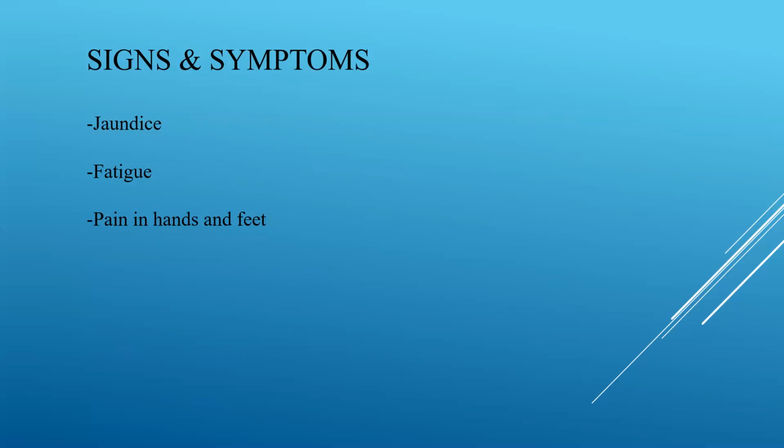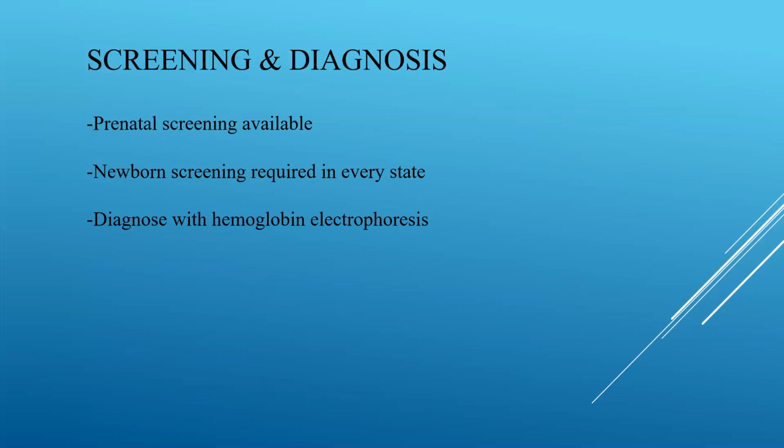So the signs and symptoms are jaundice, fatigue because of the low hemoglobin, and pain in the hands and feet due to the vaso-occlusions. Screening and diagnosis. We do have prenatal screening available, so we can see who has sickle cell disease.